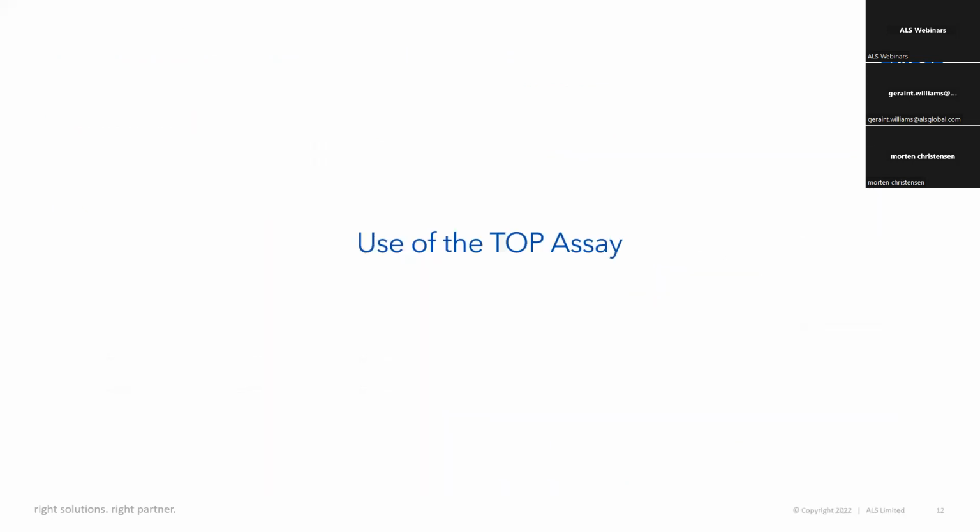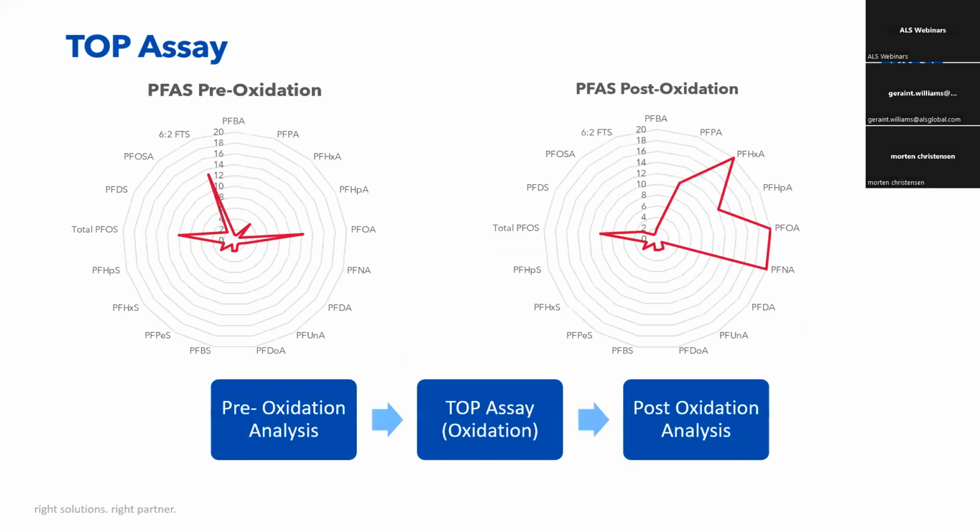So I wanted to discuss some of the uses of TOP assay, where we would use it, what kind of data you get back, etc. And I think this is quite a useful visual. The technique itself, you might be fully aware of this, but TOP assay was developed by Erika Houtz and Dave Sedlak at Berkeley University, and it involves oxidation of the sample using persulfate, sodium hydroxide, heat, etc. So we've got this technique that mimics the changes in the environment that can happen in soils and groundwaters.